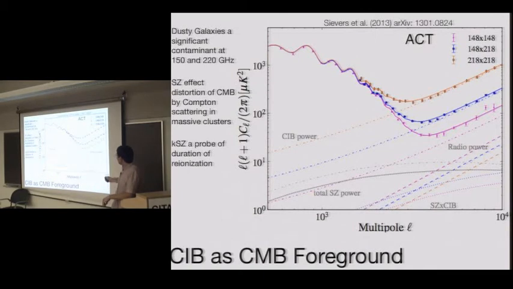And if you're interested in the SZ power, which is buried below all of this stuff, you better have a good understanding of this foreground.